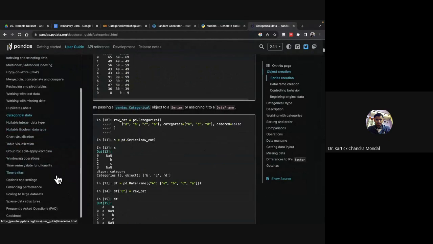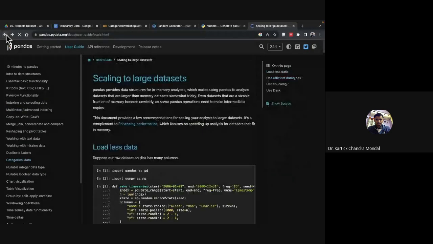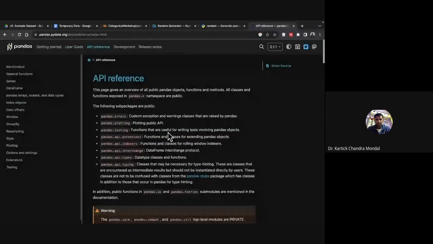I can't remember exactly. Let me search, give me a minute. If you go to the Python pandas library, you can see there are many data sets available for your use. Data frame, sampling, NumPy.